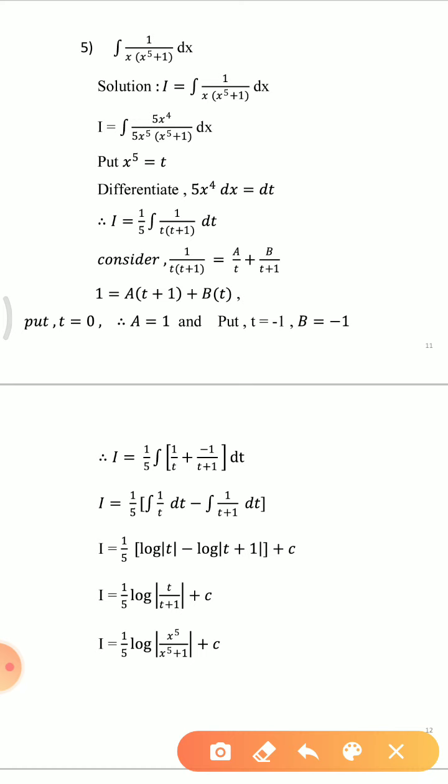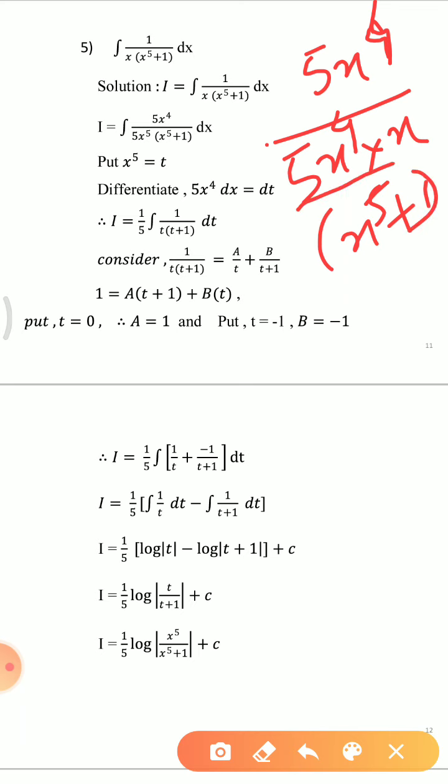See this question, it is not possible to solve directly here, nor by converting the rational form into partial fractions. Then we have to adjust the numerator here. In the denominator we have x into x raised to 5, so we have to multiply and divide by 5x raised to 4 here, that is 5x raised to 4 upon 5x raised to 4 into x, and then the remaining x raised to 5 plus 1 here.